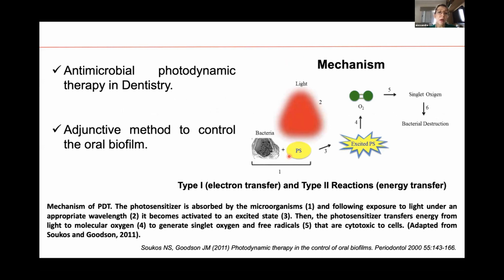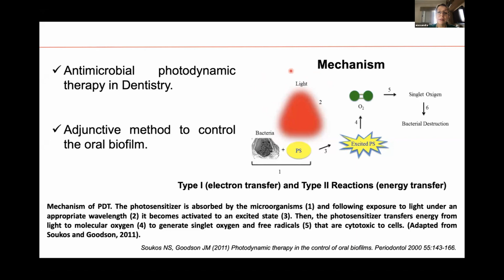So let's talk a little bit about antimicrobial photodynamic therapy. Actually, this is a technique where we use a chemical compound described as a photosensitizer and a light source.